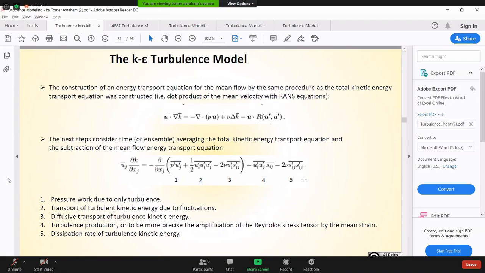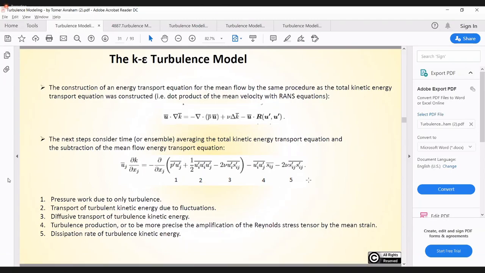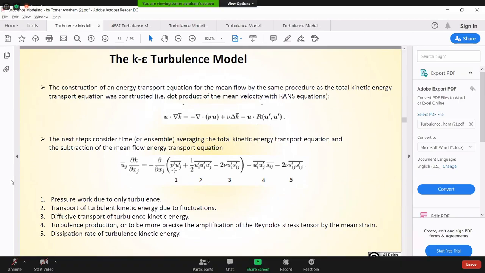For the kinetic energy. But eventually we do not want these objects to be here. We don't want any perturbative quantities in the equations. So what we do is an ad hoc assumption. We call the first part a pressure work due to only turbulence.